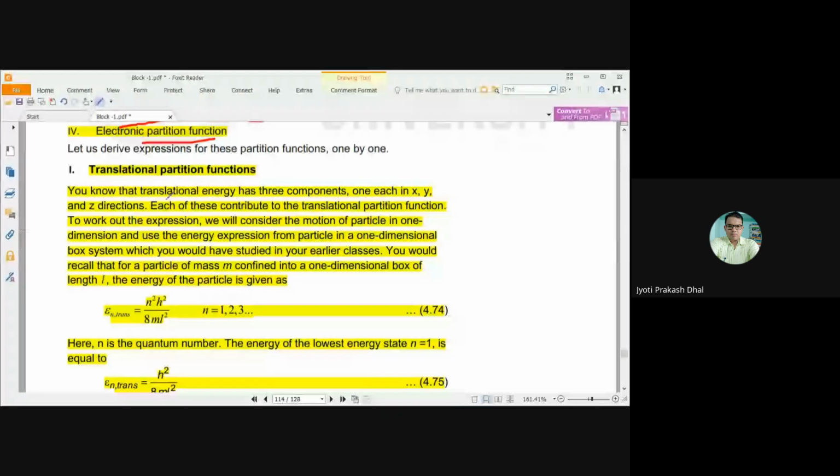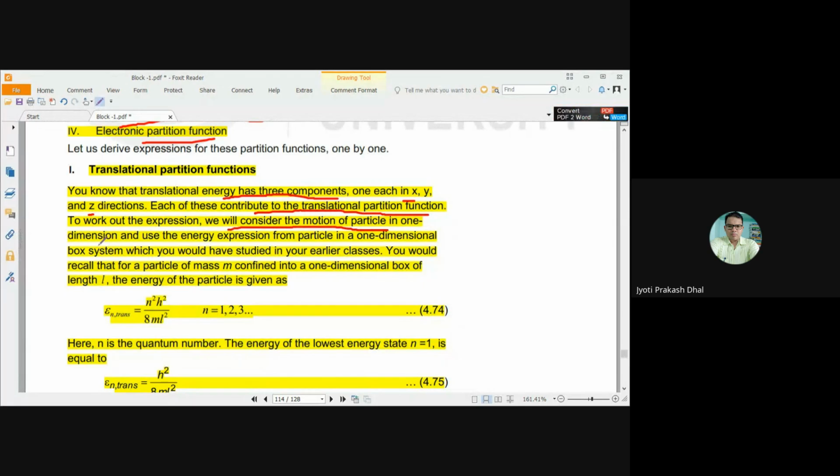You know that the translational energy has three components, because the translational energy is related to the energy of the particle due to its motion in the three-dimensional axes. So the translational energy has three components, one each in the x, y and z directions. Each of these contributes to the translational partition function. To work out the expression, we will consider the motion of the particle in only one dimension.